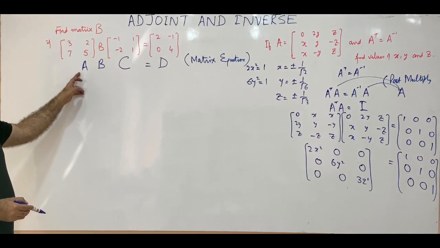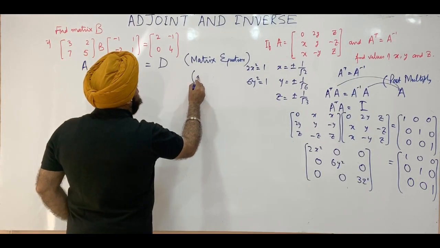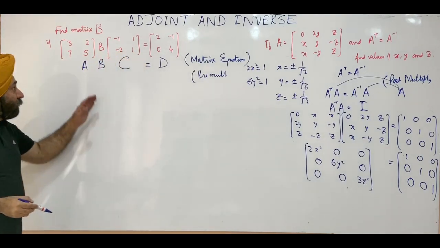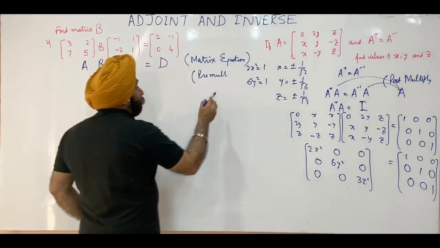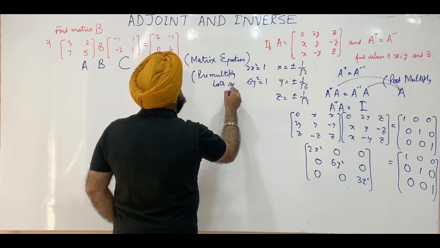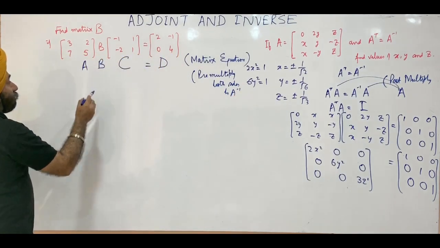To remove A from the left hand side, we pre-multiply both sides by A inverse. Pre-multiplication, I repeat, is multiplication to the left. Let's see what we have.